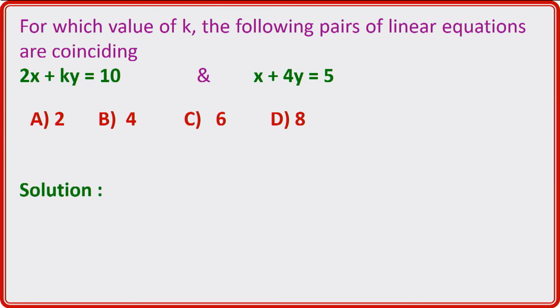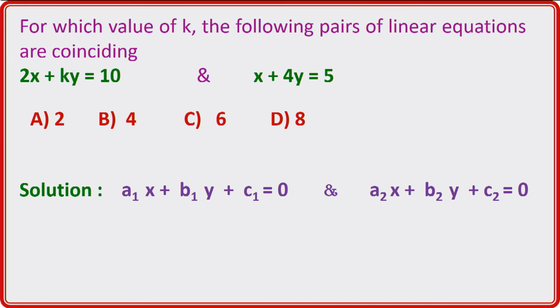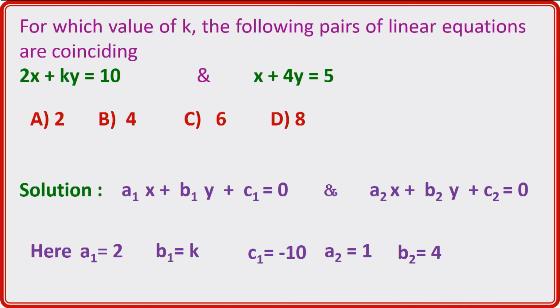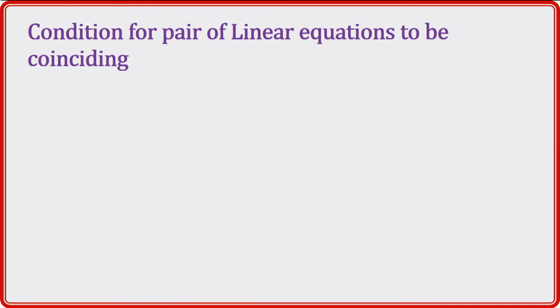Let us substitute the values of a1, a2, b1, b2, c1, c2. Here a1 is equal to 2, b1 is equal to k and c1 is equal to minus 10, which we already discussed in the previous problem. The value of a2 is 1, the value of b2 is 4 and the value of c2 is again minus 5 only.